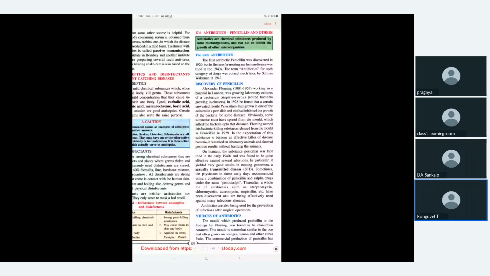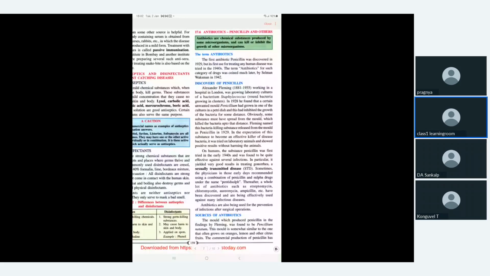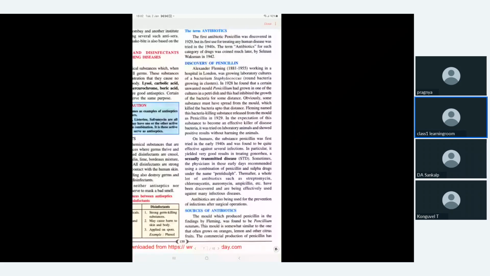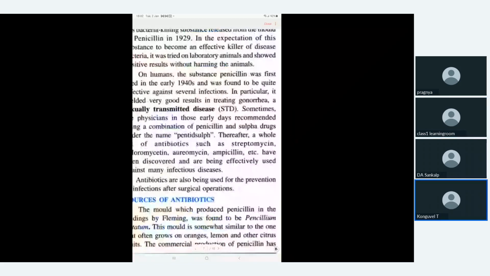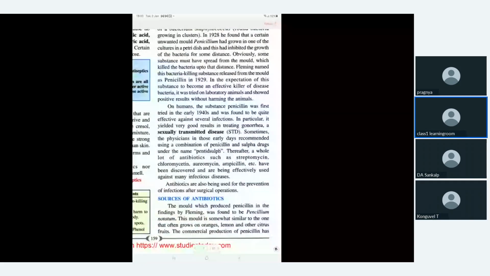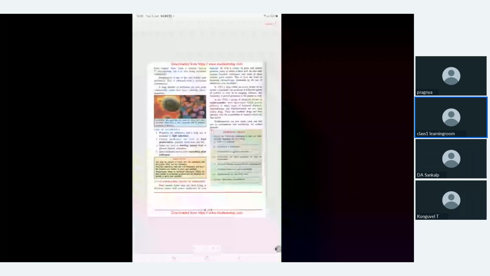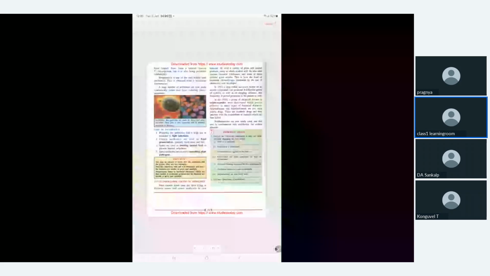Fine. Now, where can you get antibiotics, penicillin? Can you see Penicillium notatum in the second line of the last paragraph? That's the main organism which basically produces penicillin.